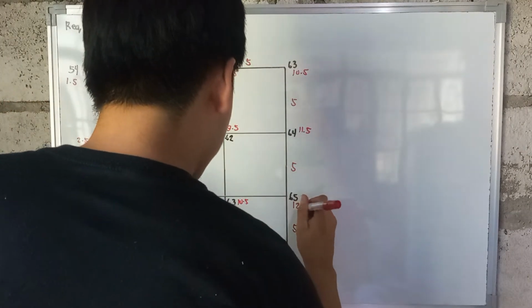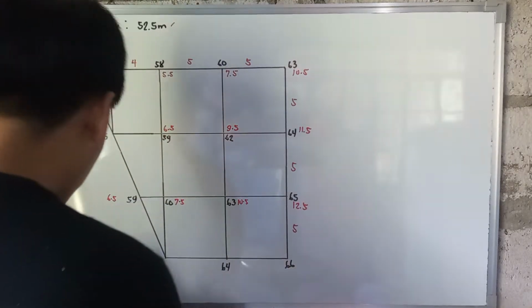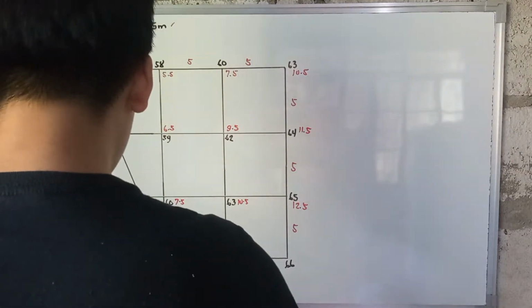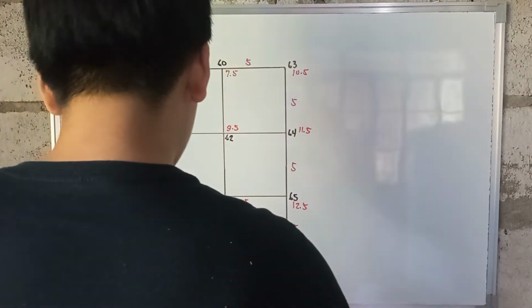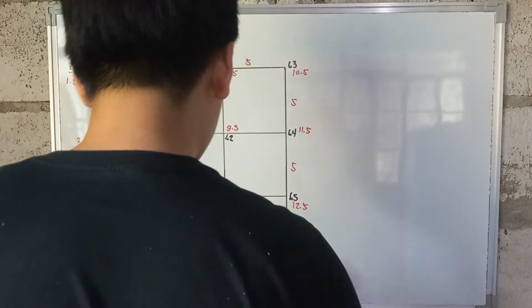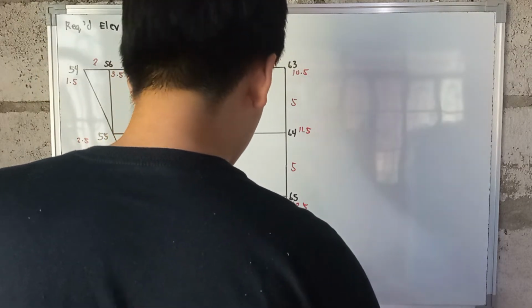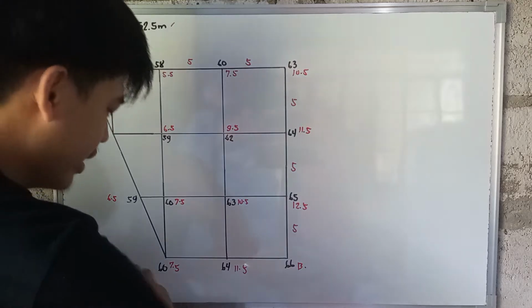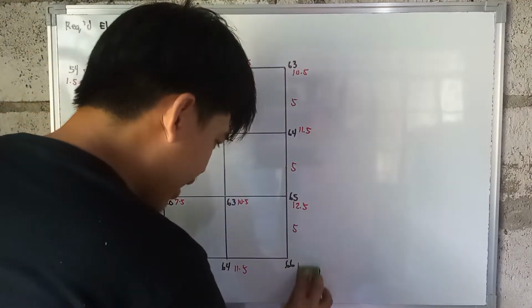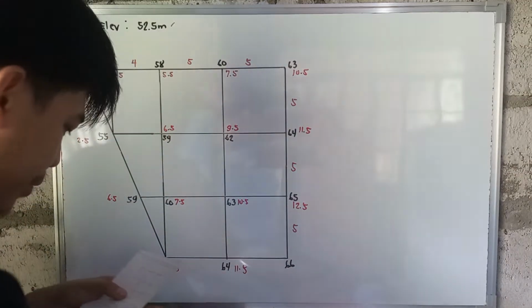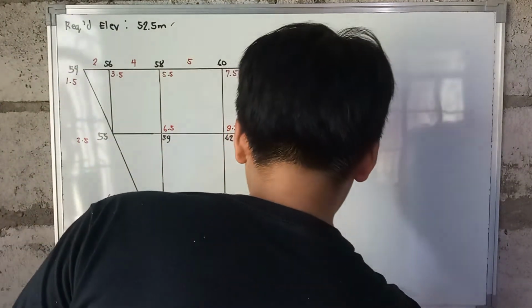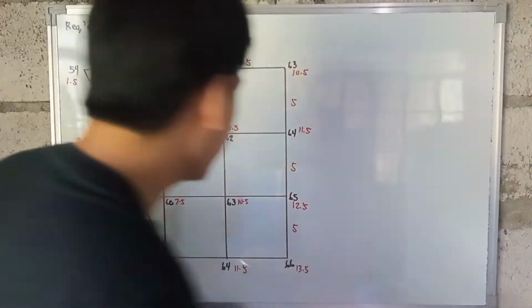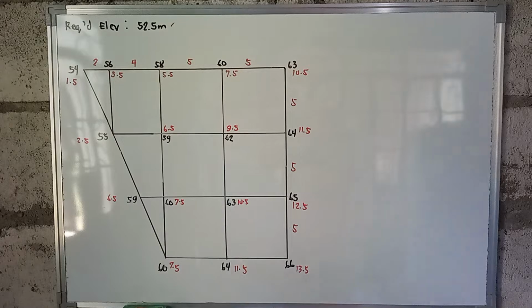At saka 12.5. So, yung mga elevation natin dito, yung maaalis or ma-excavate are 7.5, 11.5, at saka 13.5. Ngayon, yung gagawin natin is hahanapin natin yung volume na ma-excavate.